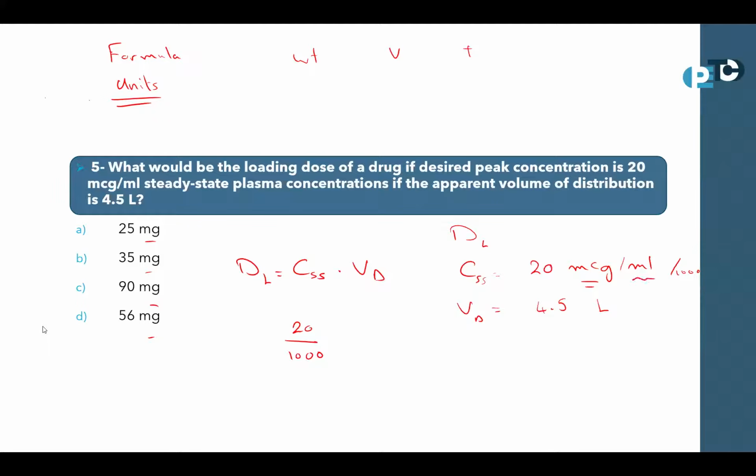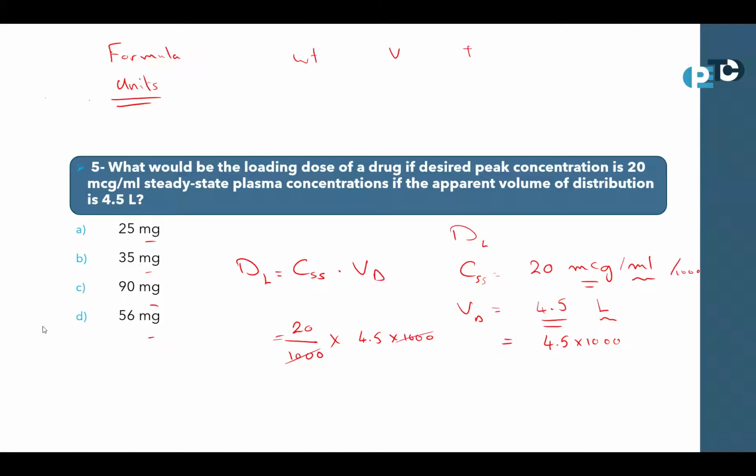Here we have milliliter and here we have liter. So this should be in milliliter. Therefore, it should be multiplied by 1000. So 4.5 multiplied by 1000 in order to get the right answer in milligrams.